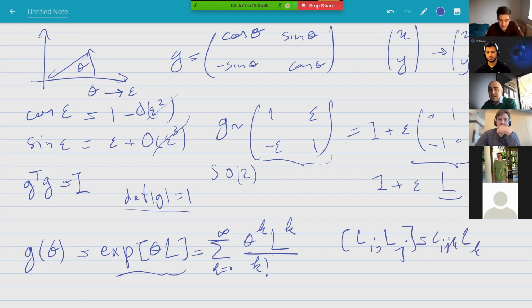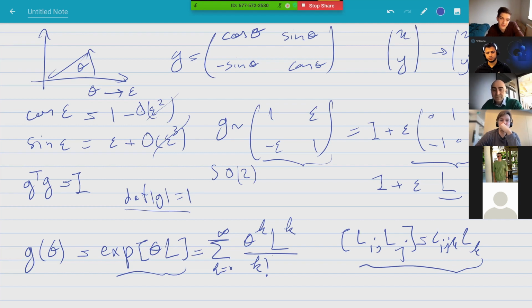If you find a set of Li's with some indices i that satisfy this relation, meaning that if you take their commutators you end up with another one of those elements that you chose, then it forms a basis for your Lie algebra. So this L is an element as well as a basis for your Lie algebra.